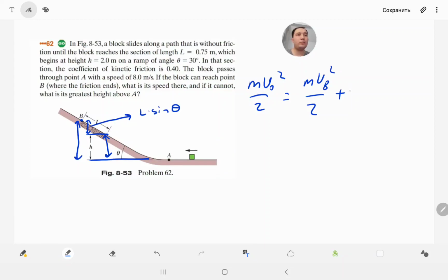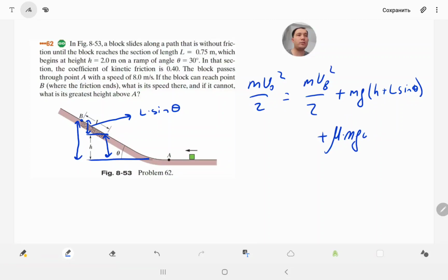So the total height will be equal to small h plus L sine theta. And there is a friction force. That's why we need to add the work done by the friction force. So what is the friction force? Friction force is the coefficient of friction times the normal force.